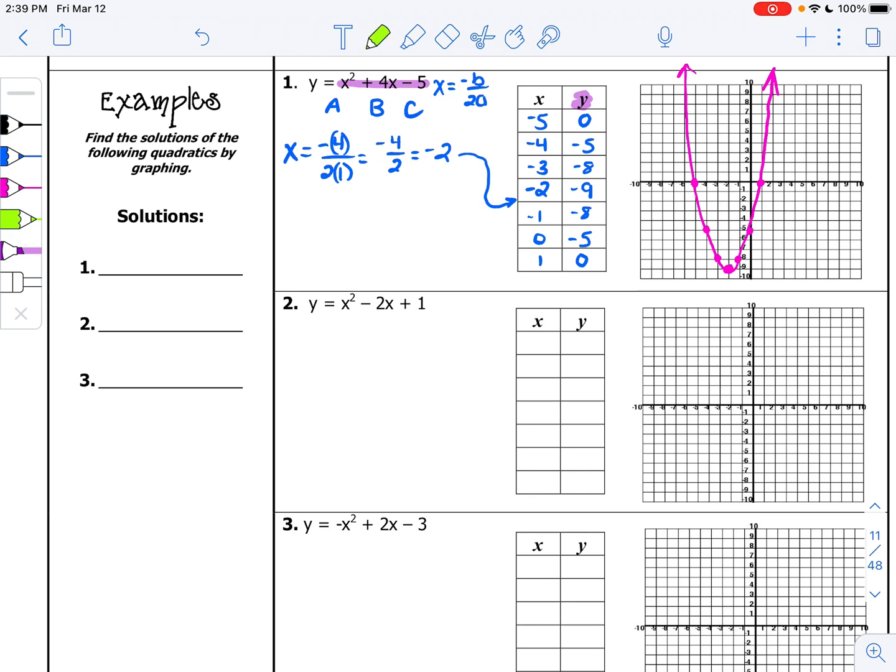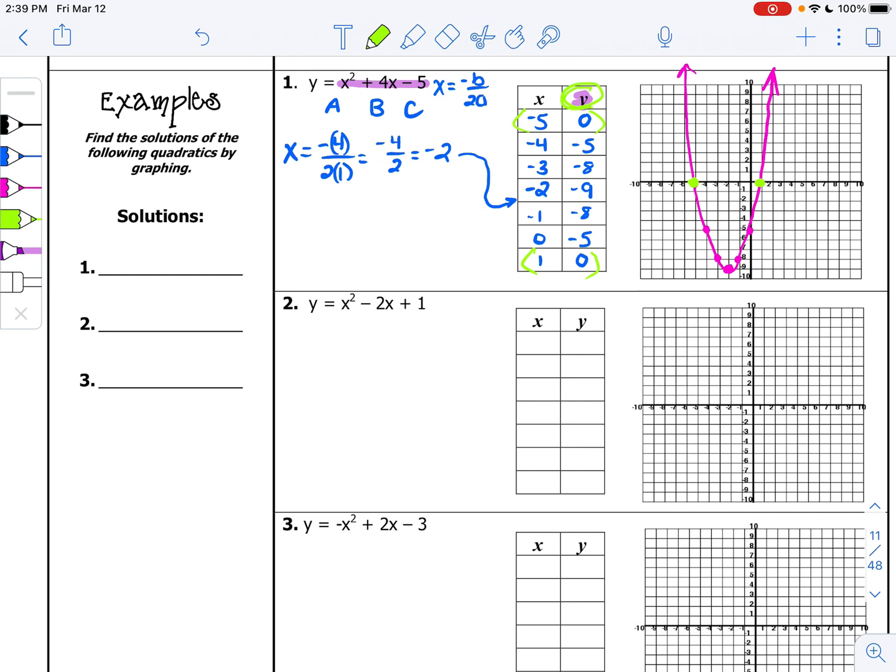So remember, those solutions are going to be where your parabola crosses your x-axis. And it does that at these two locations. I can also see on my table where my y value is 0, I have my solutions.